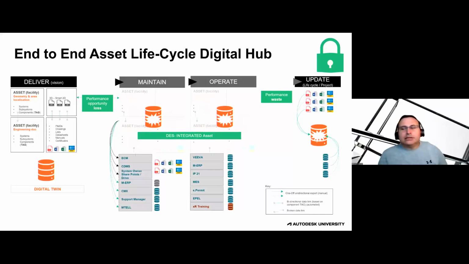This is the first digital gap in our asset information lifecycle, but it's not the only one. You have another one at the end of the lifecycle, when we need to upgrade the asset because of a new product, for example. This activity of putting data together again and rebuilding the data model almost from scratch is quite a lot of waste, like finding back an old PC, as I was mentioning before.